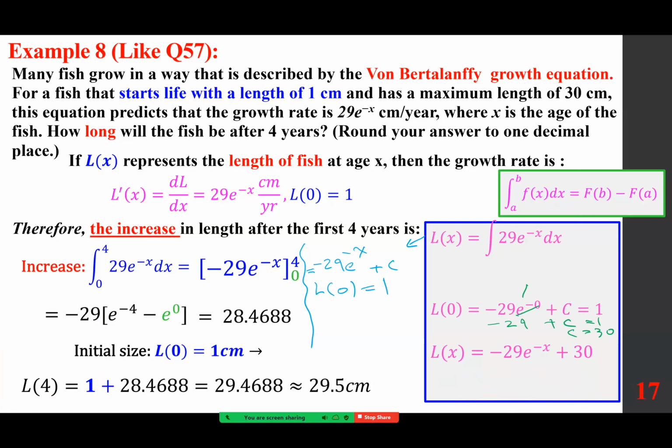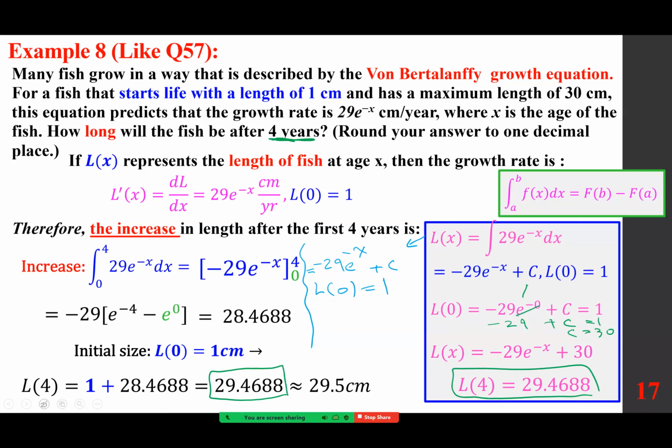And now if you plug in 4, everybody, you come up with the proper answer. As you can see, this one is the same as this one. And of course, you do the rounding accordingly.